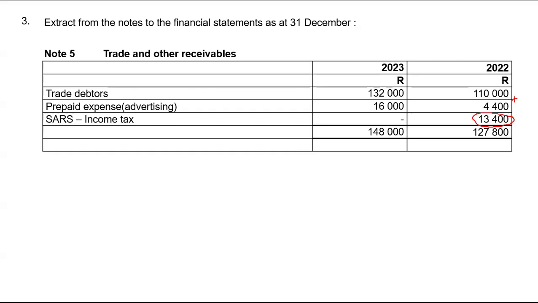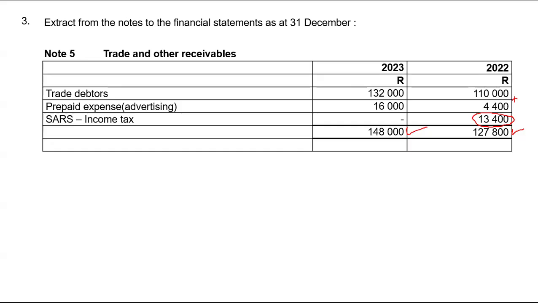Sometimes I only give my kids these final amounts, and then I tell them that SARS income tax for 2022 was 13,400, and I put brackets there: open brackets, DR, close brackets. That means my income tax was on the debit side. If it's on the debit side, it's included in trade and other receivables. So you need to take that 127,800 and subtract the 13,400 because it was included. You just exclude it.